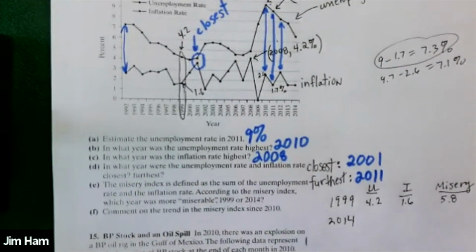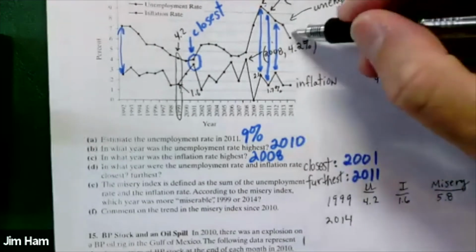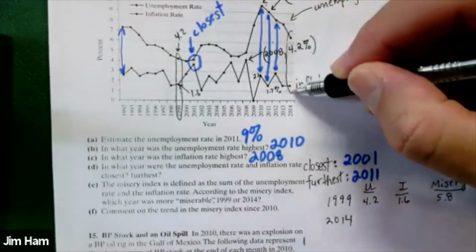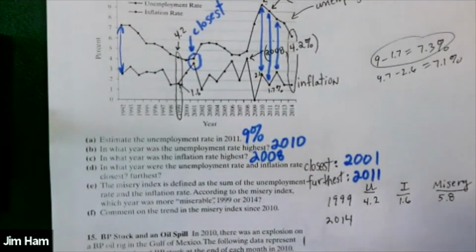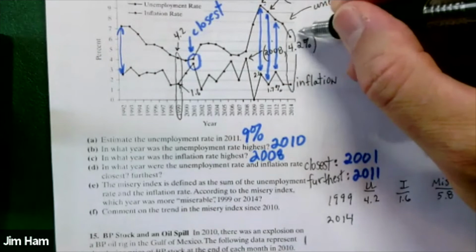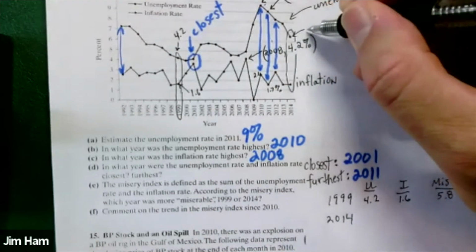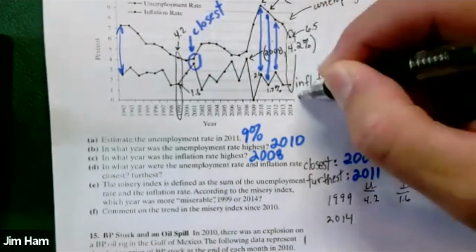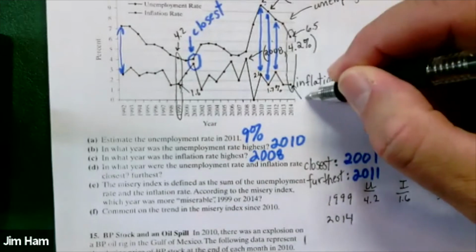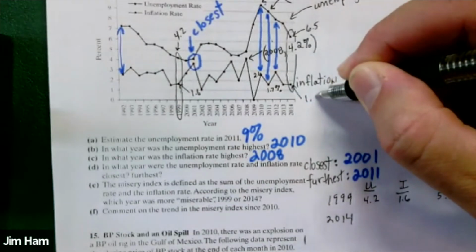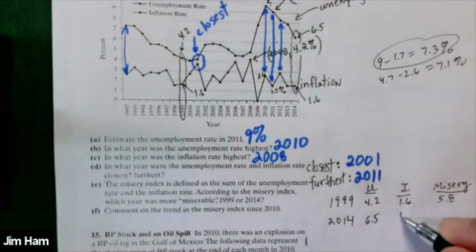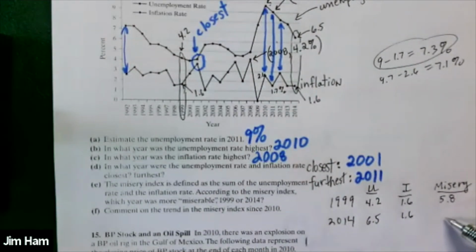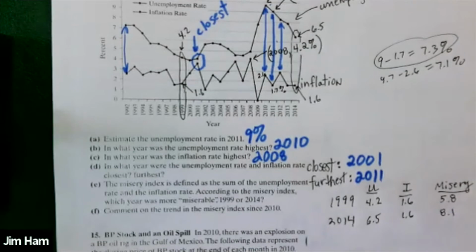If you do the same thing for 2014, it's over here. We're going to take those two numbers. This one here looks to be about 6.5, and this one here I'll call 1.6. So 6.5 and 1.6 is equal to 8.1.